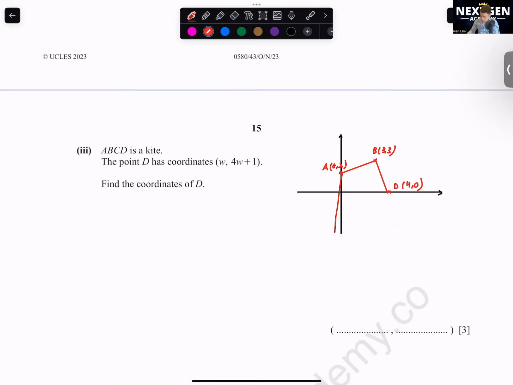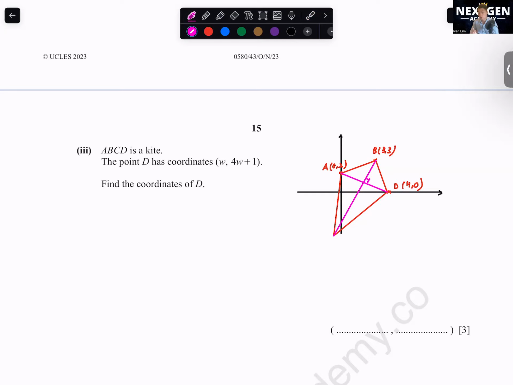Kite should give you something like this, right? Okay, these are just rough sketches. It can be here, it can be anywhere. But what we need to know about kite is that the diagonals, they are perpendicular to each other. Okay, so this is a property that we need to know.